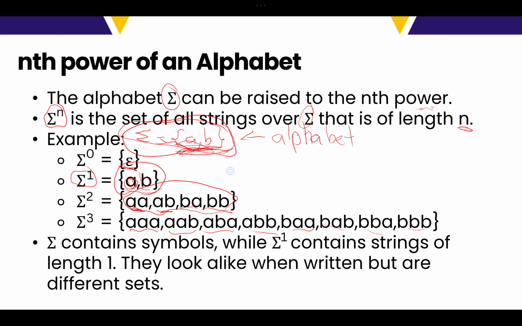But this one, kani siya, this is a language na, kay ang sud sa iyang set is or are strings. Set of strings naman siya of length 1. So, pareha siyag porma, no, kani o kani, pero they refer to different things. Kaning isa, alphabet. Ang isa, language. Okay?